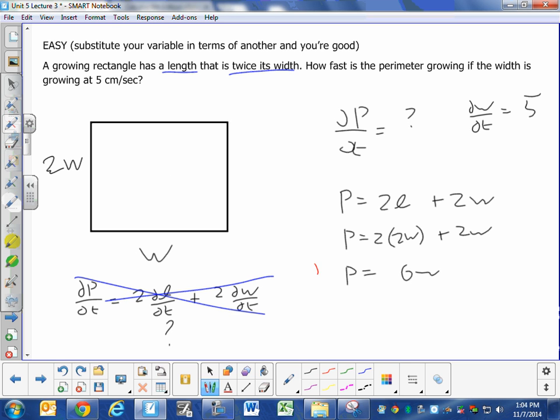Now, after using this relationship, I can take the derivative with respect to t to figure out how my perimeter is changing. The 6 times the change in my width. So that is 30, and perimeter is just in centimeters per second.